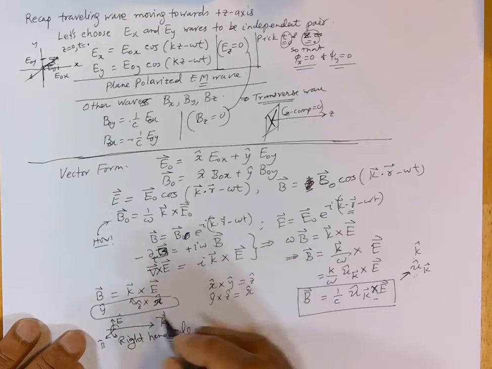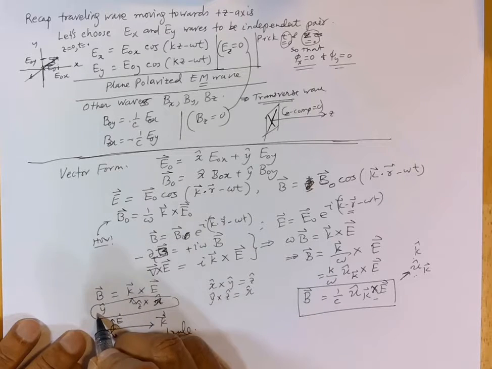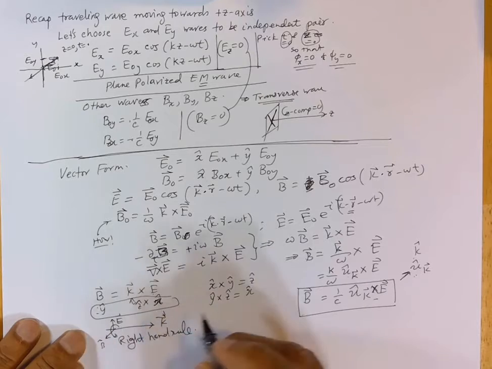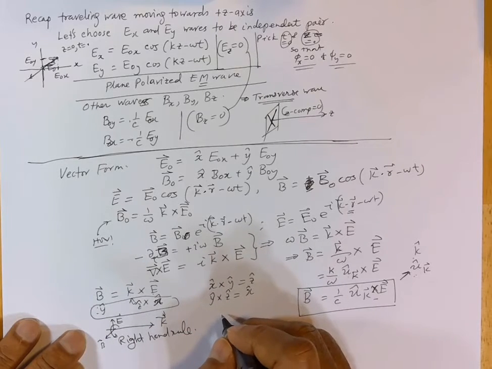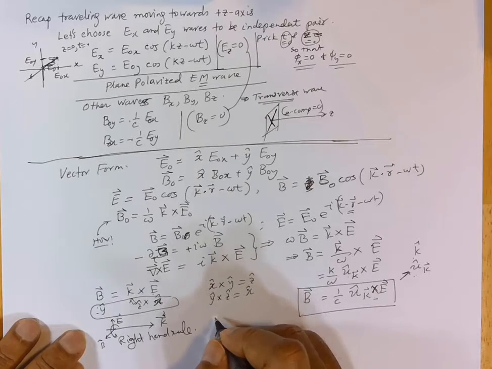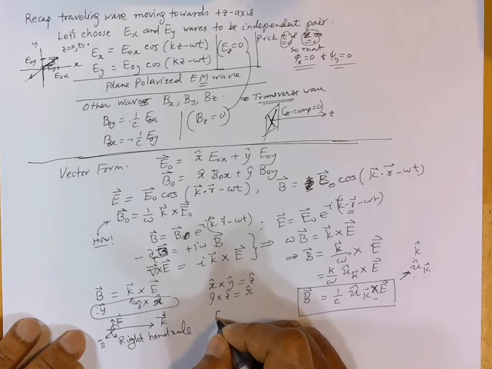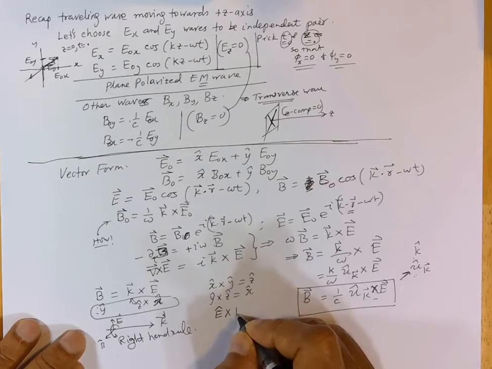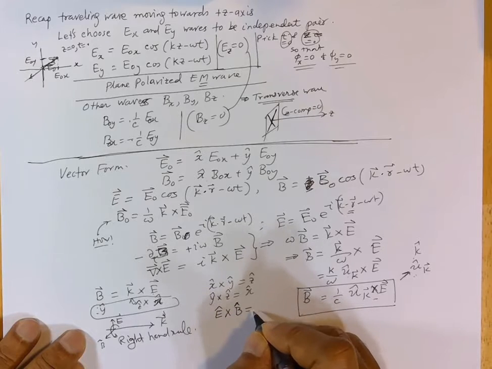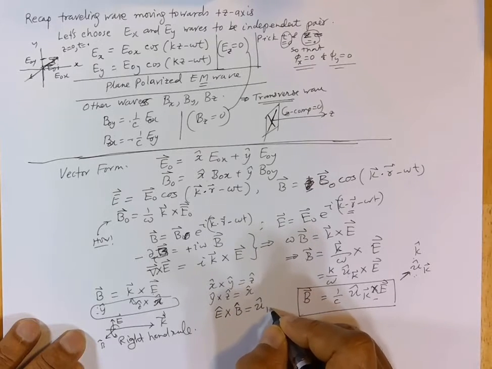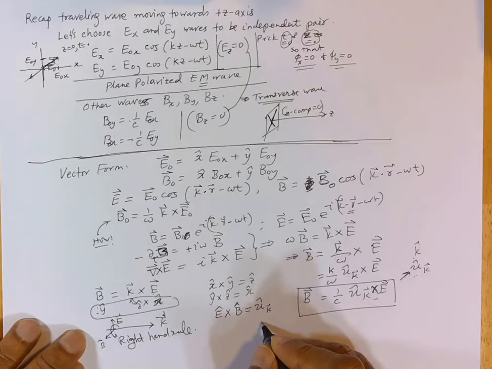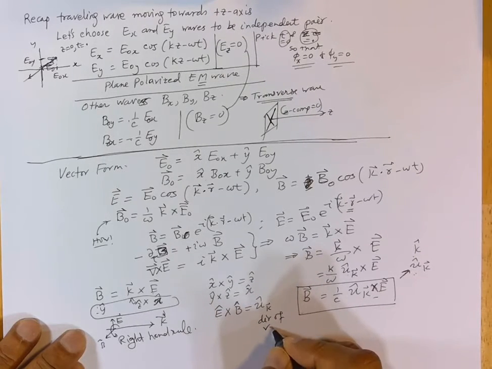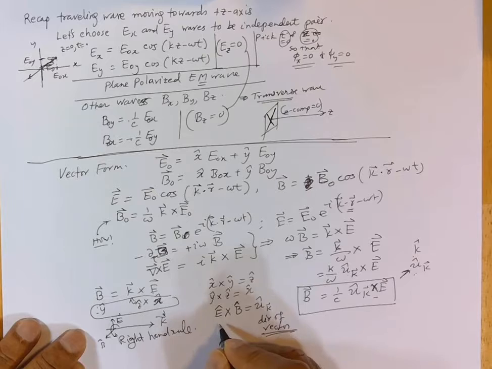So just looking at the direction, the direction of the electric field, let's call it E hat, cross the direction of the magnetic field will be the direction of k, the direction of the wave vector.